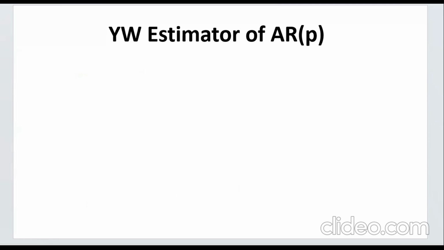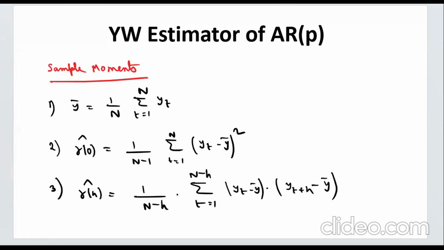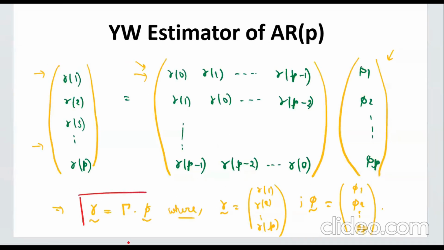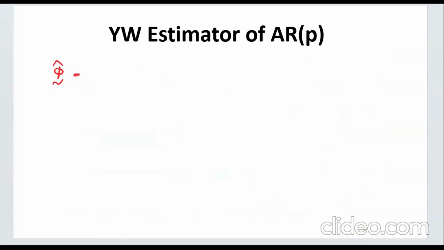Right? Now we have to equate everything. So if you equate the population moments with the sample moments, what we can see is that phi curl cap can be found out. Let us start with this gamma curl. Let me write gamma curl. We have written this to be this matrix into phi curl.